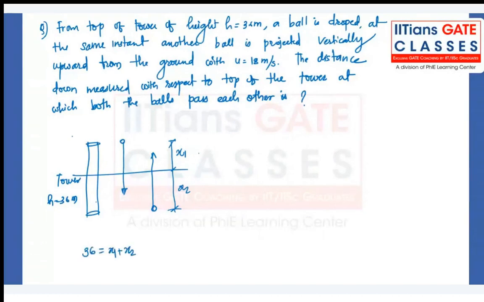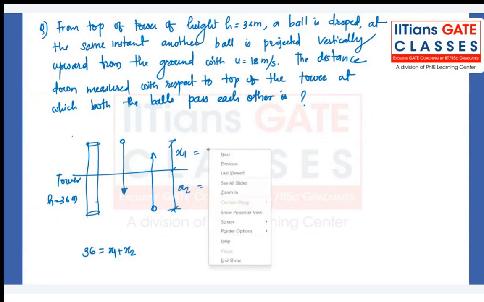Ut plus half of at square. So initially velocity is 0, so 0t. So basically it's 0 plus half of gt square.